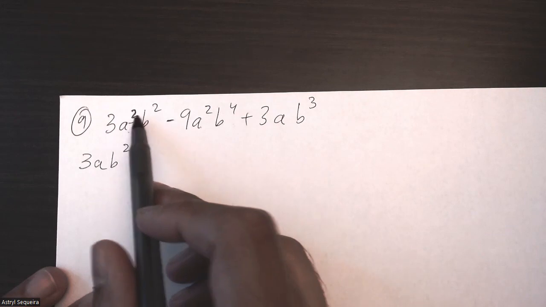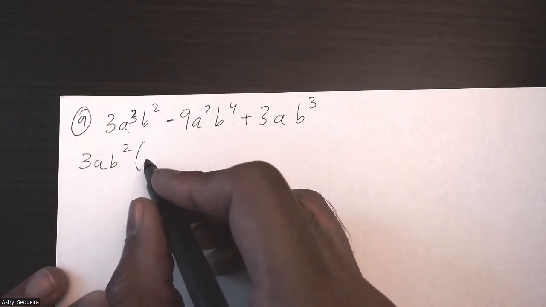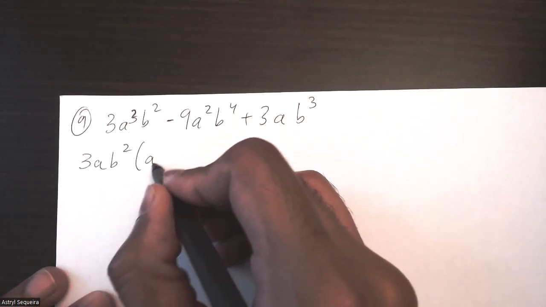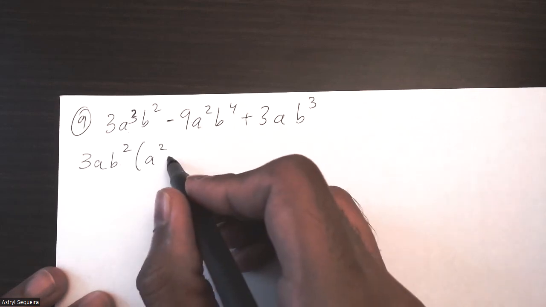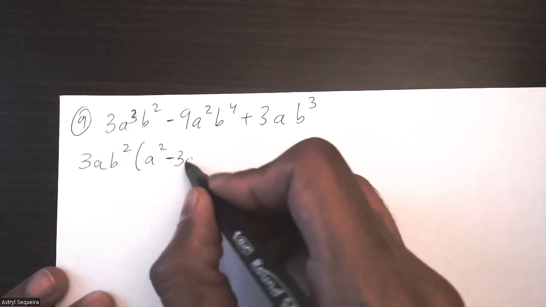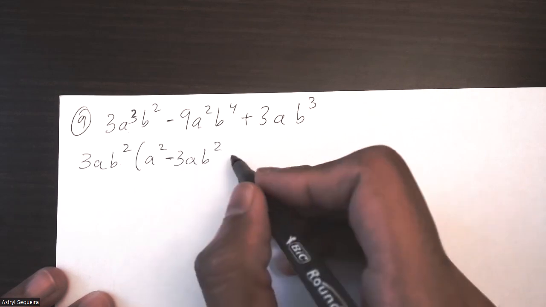If I divide 3a cubed b squared by 3ab squared, 3 divided by 3 is just 1, so I don't need to write that. A cubed divided by a is a squared, and b squared divided by b squared is 1, so I don't need that. -9 divided by 3 is -3. A squared divided by a is a. b4 divided by b squared is b squared.